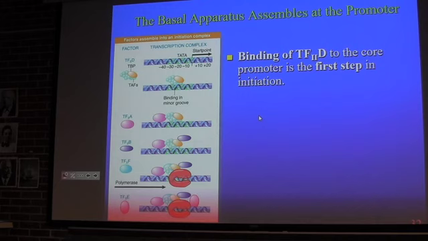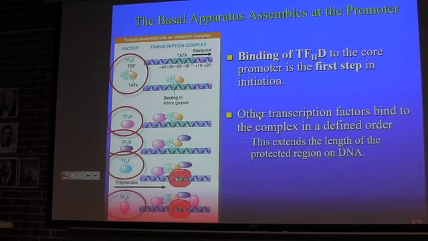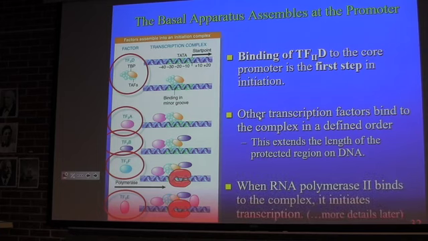So let's see how this works here. The first thing to happen is TF2D will bind the promoter, binds in the minor groove, and then you have A, B, F, and E joining later. This is from the book. Pol 2 comes later.